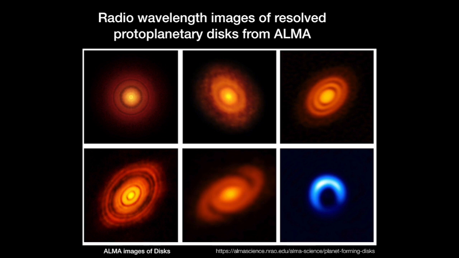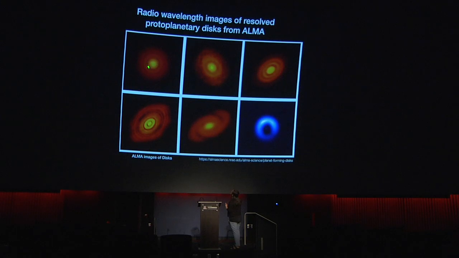These are nearby stars and their disks. You can actually see these disks in radio sub-millimeter from ALMA, an array of dishes in Chile, in the Atacama Desert, and these are actually real images. I know you've seen a lot of artist conceptions.